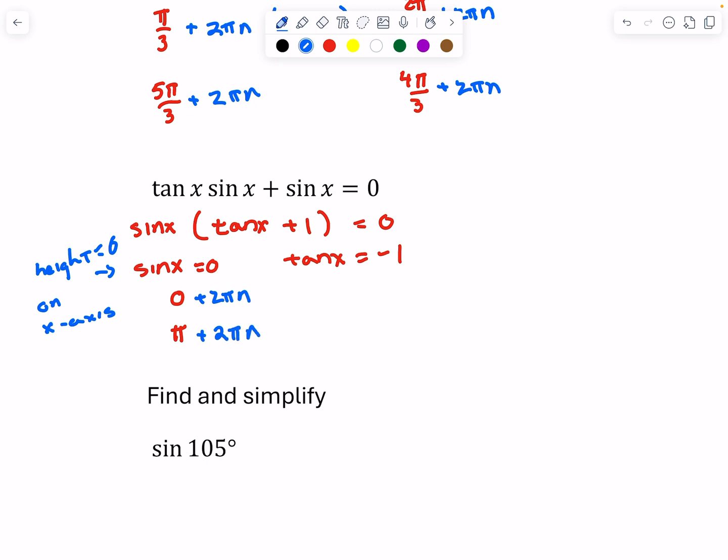Tan is negative 1. Tan is slope. So tangent is negative 1.